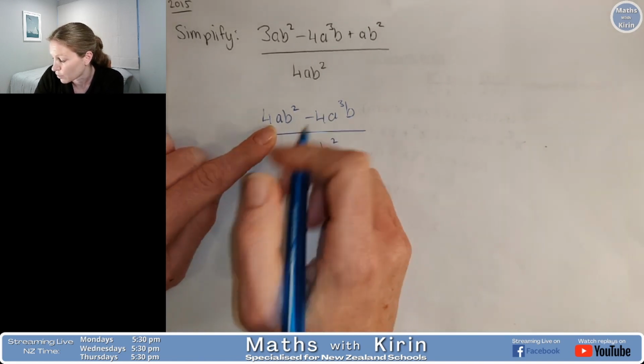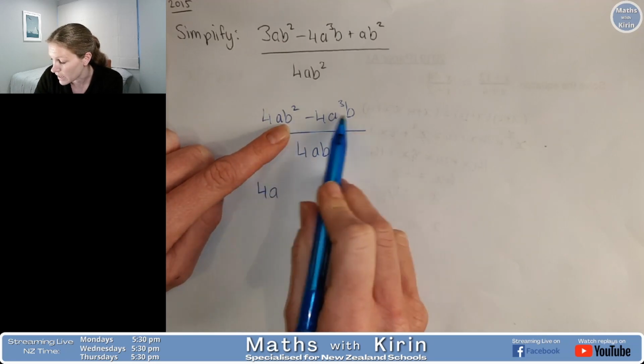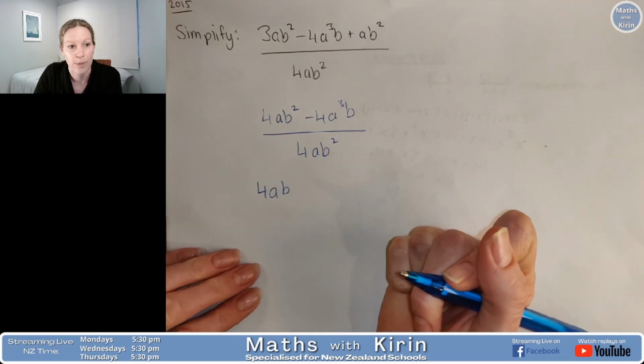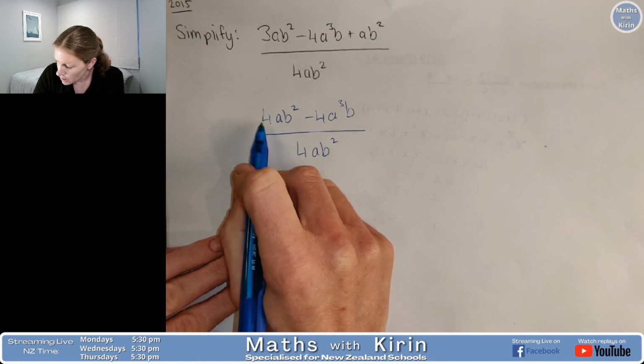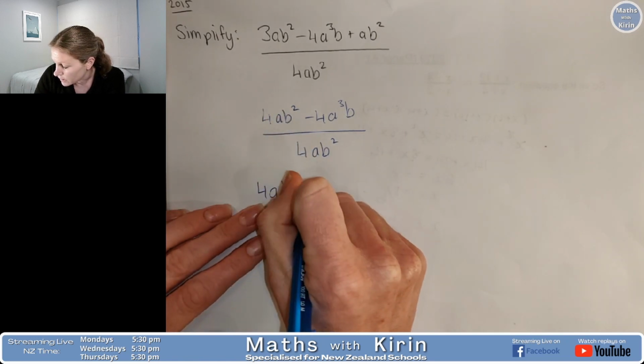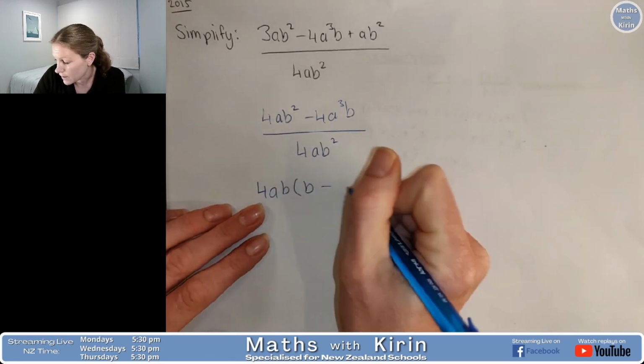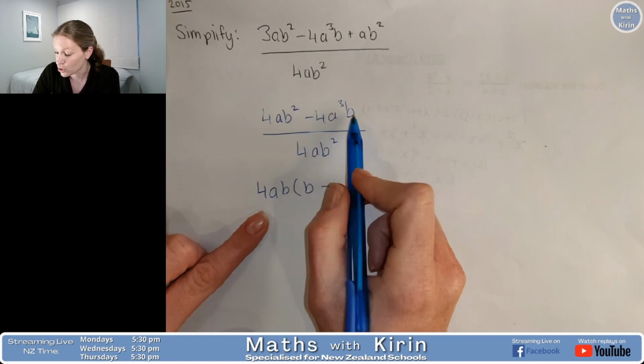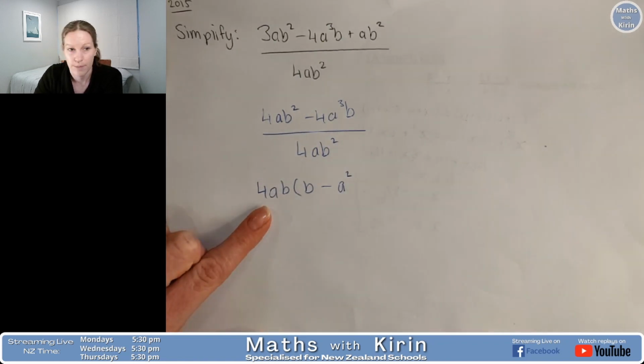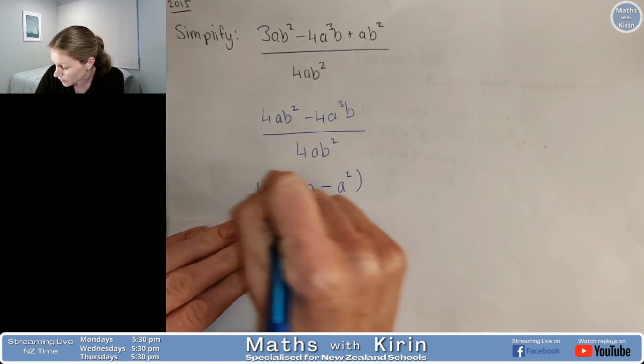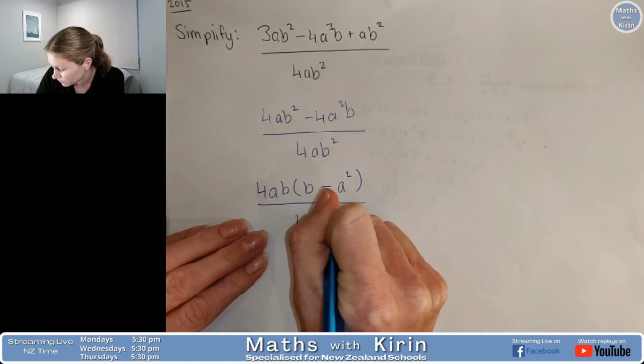We've got an a in both terms, and we've got a b in both terms. So 4ab comes out in front. To get 4ab squared, we'd need to multiply that by b, and then to get negative 4a cubed b, we'd need to multiply that by negative a squared, and our denominator still hasn't changed.